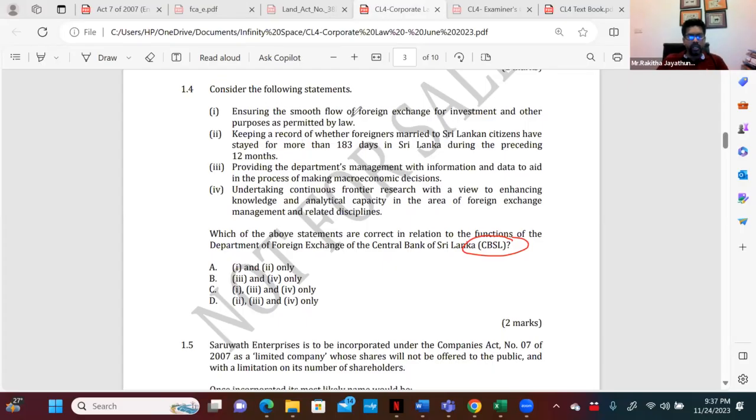Ensuring the smooth flow of foreign exchange for investment and other purposes permitted by law. Even though you're not sure, when you read it, you can see it sounds logical. Anyway, this answer is correct. That is one of the duties. Keeping a record of whether foreigners married to Sri Lankan citizens have stayed for more than 183 days in Sri Lanka during the preceding 12 months.